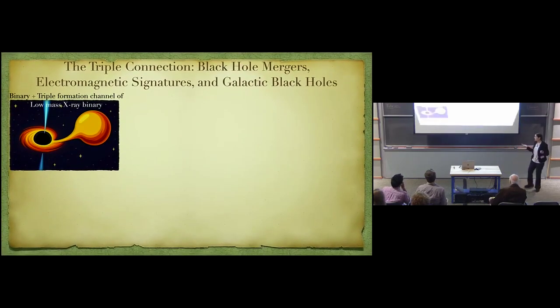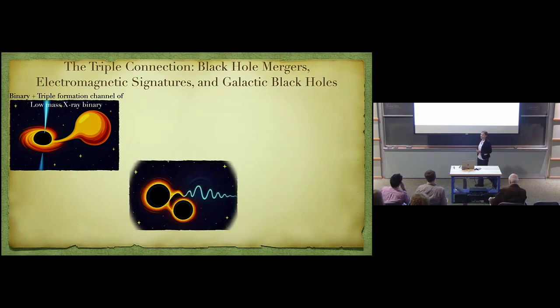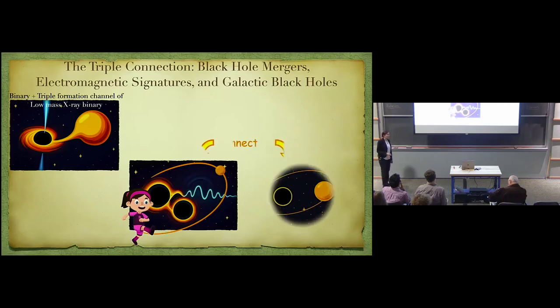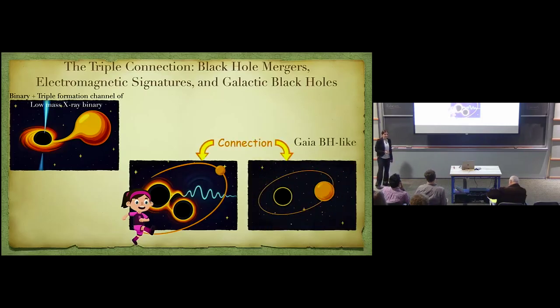So what did I show you? I talked a little bit about the challenges of formation channels. I know I was very quick there. Then I mentioned that if I take a gravitational wave merger, for now thinking about it in an isolated binary way, and stick a star there, the gravitational wave recoil kick can lead naturally to the formation of Gaia BH-like systems and low-mass X-ray binaries.